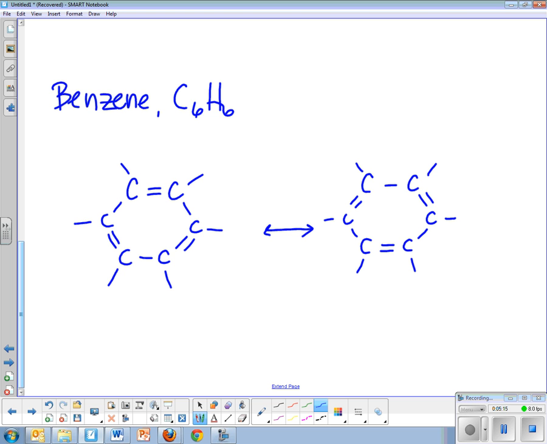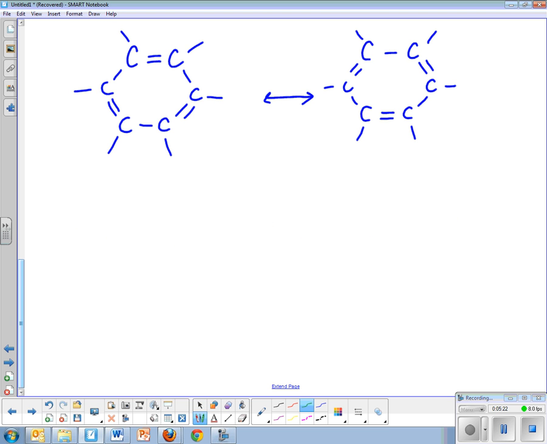So there's a couple other ways to draw this that I want you to be familiar with because you will see these. So sometimes they'll draw, for instance, if you had C4H10, so if you have butane, right, it's 4 carbons like so.